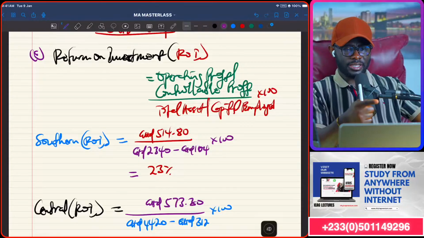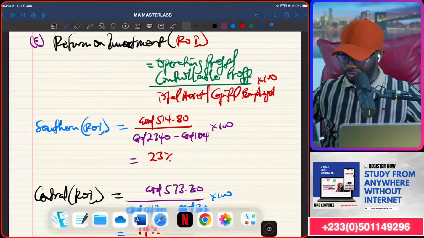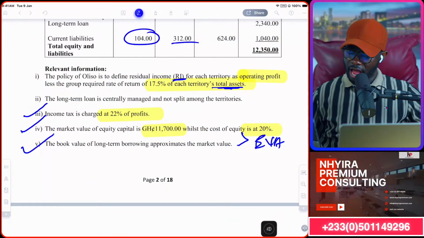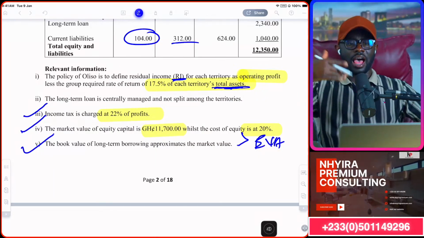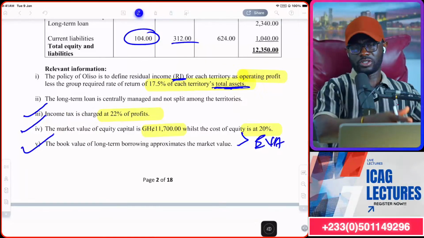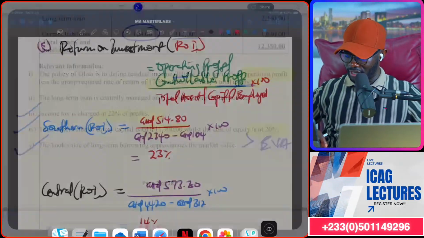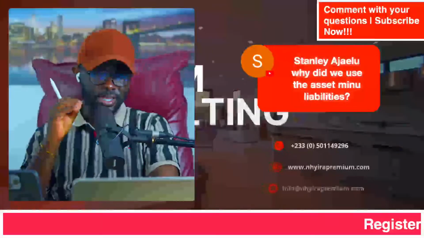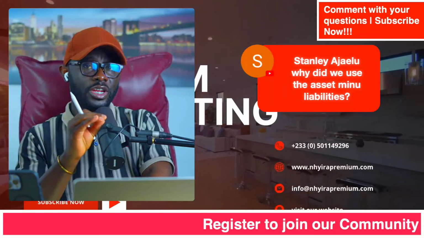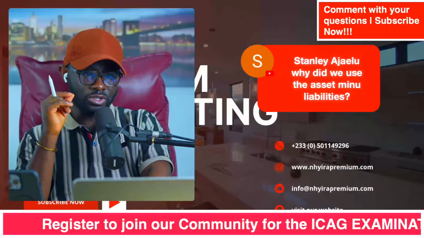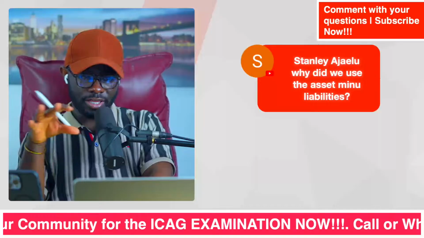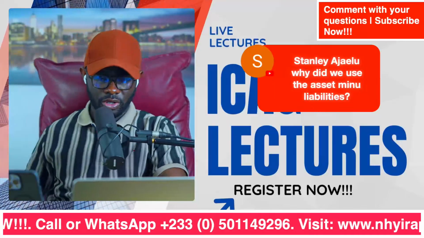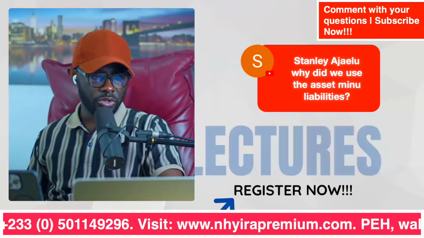Nonetheless, if you use total assets, the examiner could still mark you, because they said the RI, residual income, is on total assets, not on capital employed. So if you use the alternative approach, that may be considered by the examiner too. That is the rationale behind the usage of capital employed and not total assets in our workflow. That's from Stanley Ajaylu. Let me know if that is clearer for you.